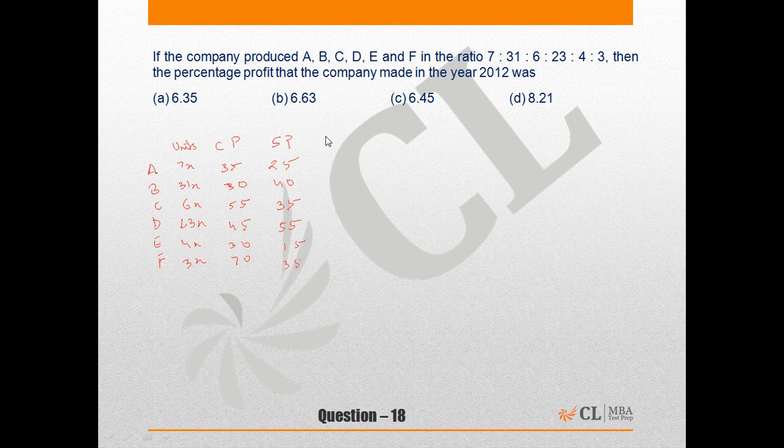So I have the selling price, I have the cost price. I'll calculate the profit or the loss made on each of these products.